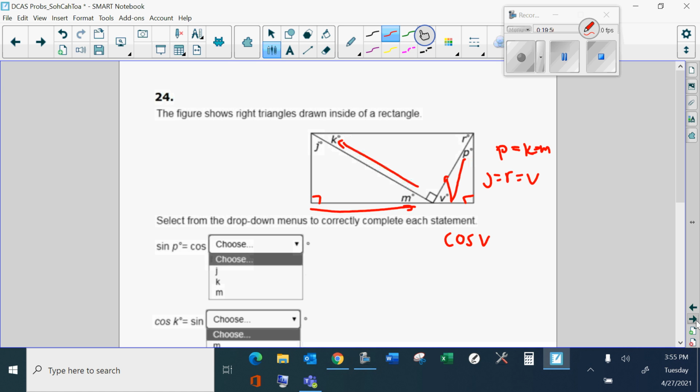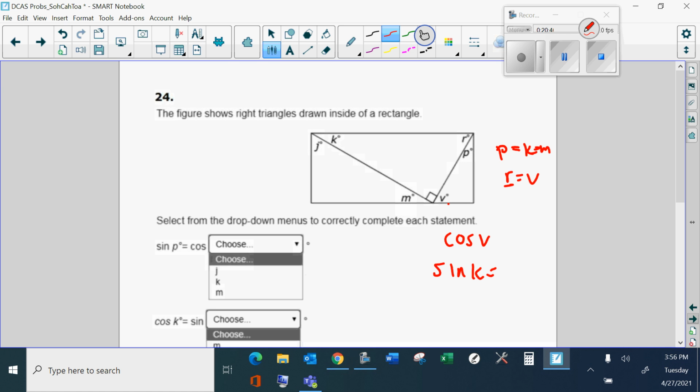P matches up with K, so that's the same as saying the cosine of P is the same as K. So the sine of P, oops, matched up with K. So the sine of K, what is the sine of K? Opposite over hypotenuse here. Okay. So the sine of P equals the cosine of V.